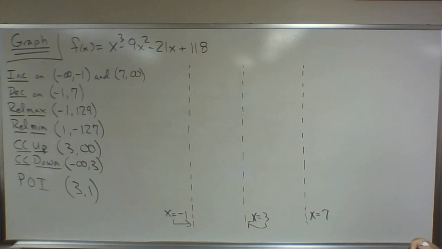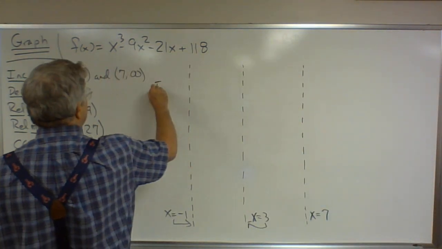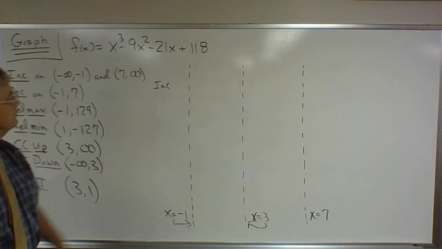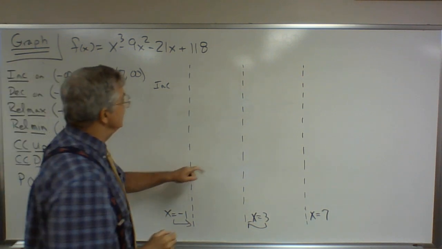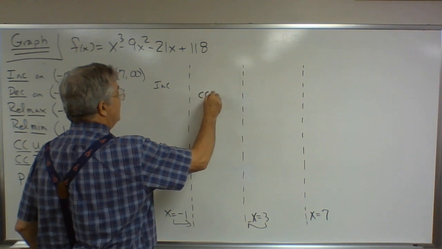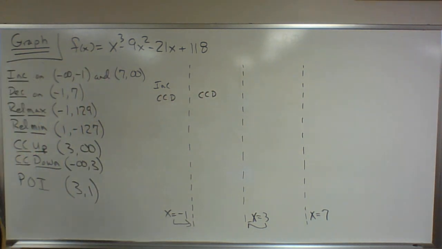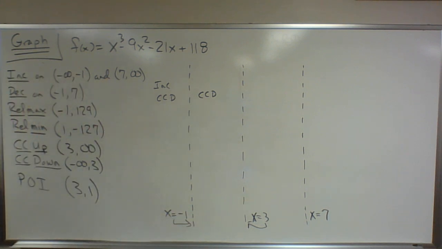Okay, let's see. How do I draw this now? The function is increasing from negative infinity to negative 1. And let's see. From negative infinity to 3, it's concave down. Between x equals negative 1 and 3, let's see.